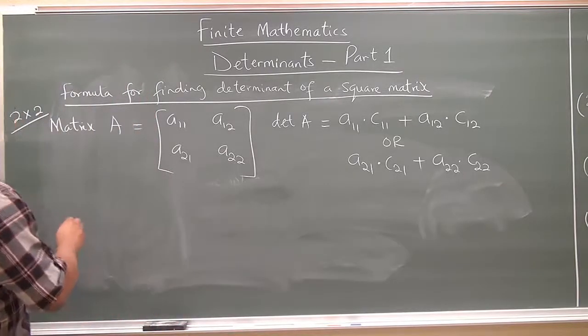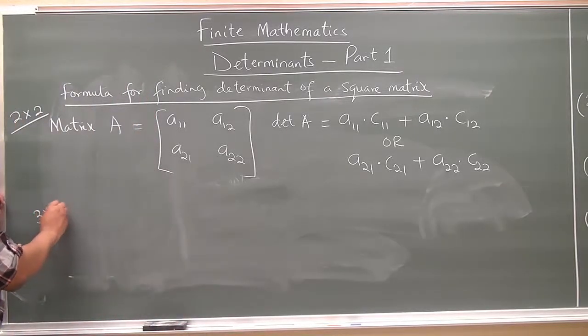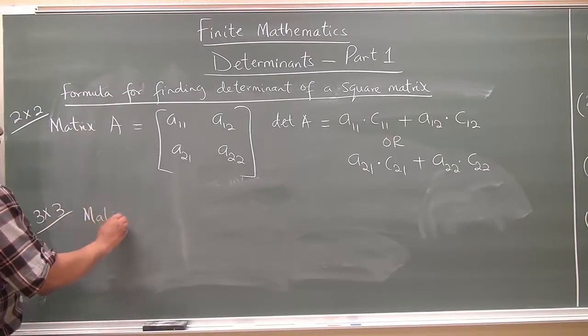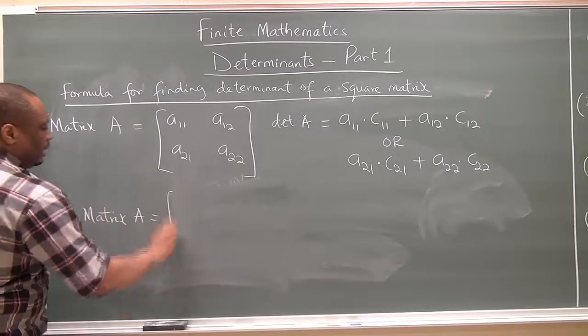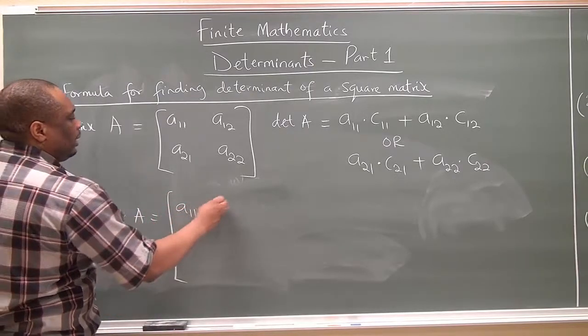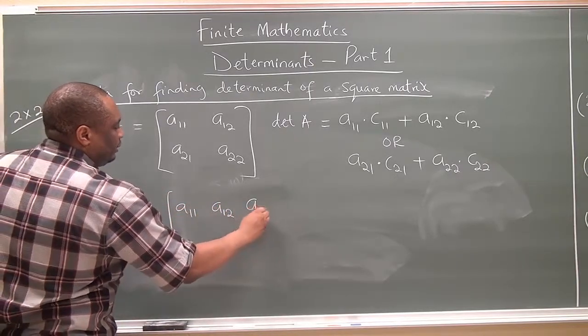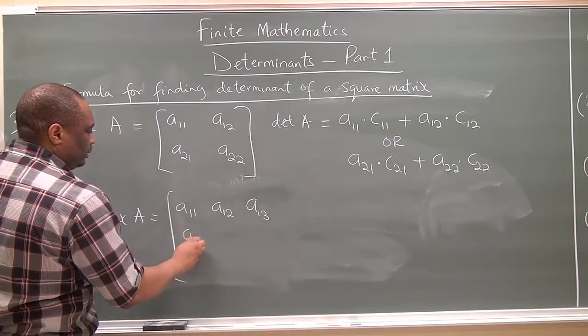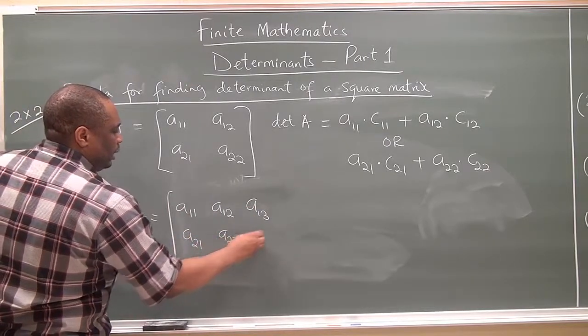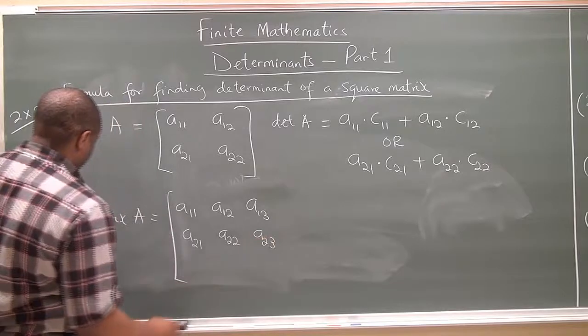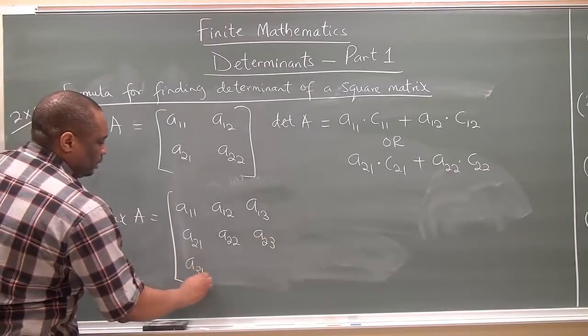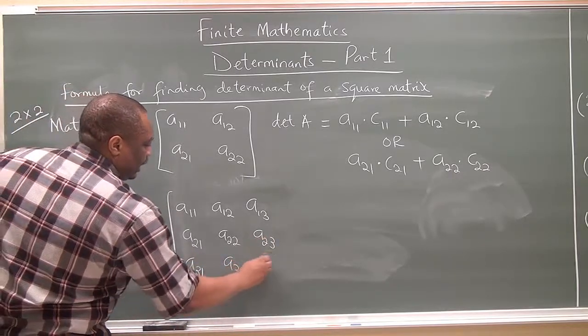If it is a 3 by 3 matrix, assuming a matrix A is A11, A12, A13, A21, A22, A23, A31, A32, A33.